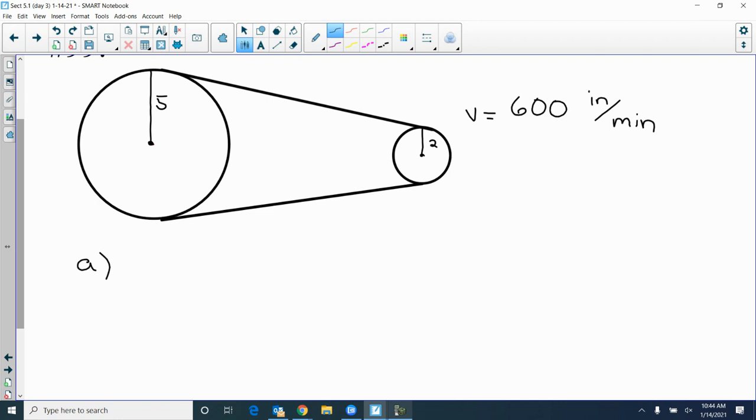All right, how can I figure that out? There's no fancy formula, you just kind of got to understand it. How do you figure that out? Anybody have ideas? Cole, you got any ideas?